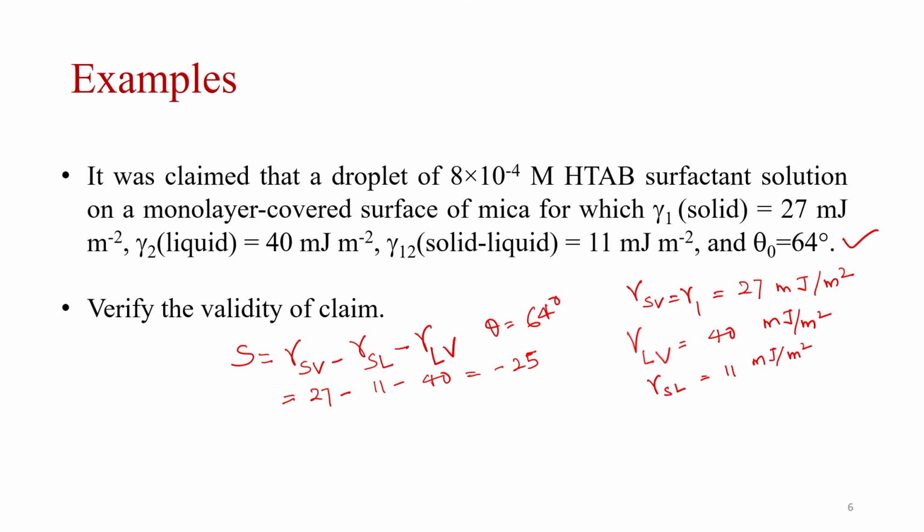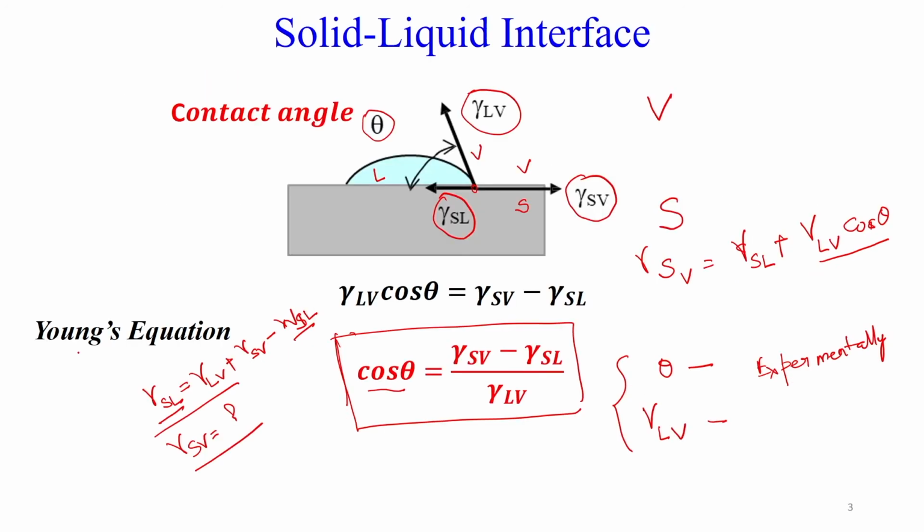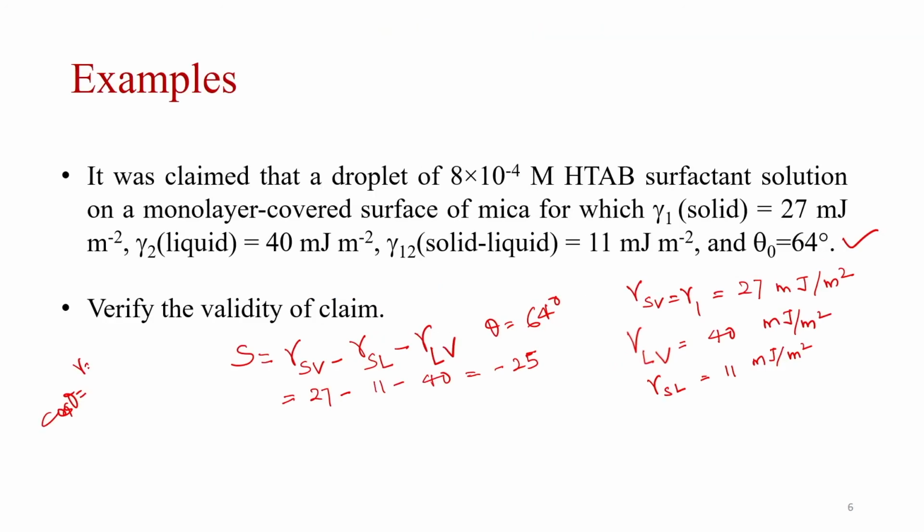Now, what should be the contact angle? In that case you have to verify with Young's equation, which says cos theta is equal to gamma SV minus gamma SL divided by gamma LV.